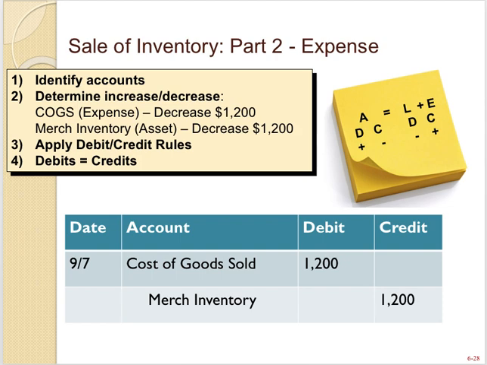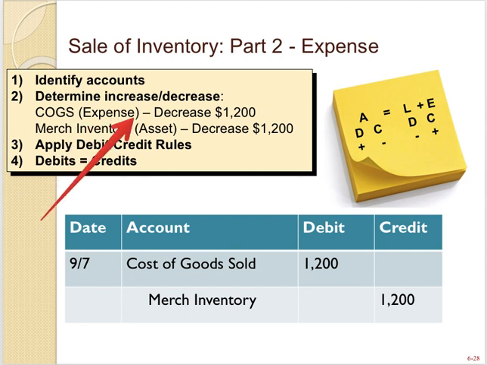And so again, we want to identify the accounts, which we did already. We found that there was the cost of goods sold, which was the expense, what we used up, and the merchandise inventory, showing that our asset of inventory is going away. Those monitors are now no longer there, so we have to show them going down.